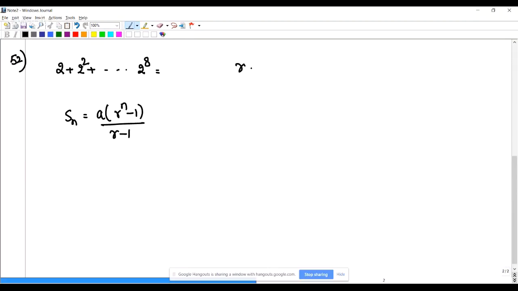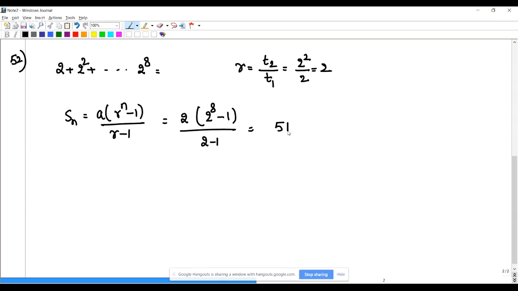Common ratio is equal to T2 by T1 or T3 by T2. So you take it as 2 square by 2, which is equal to 2. The first term is 2 and it is 2 power 8 minus 1 by 2 minus 1. We know 2 power 8 is 256. So 256 minus 1 is 255. 255 into 2 gives us 510.